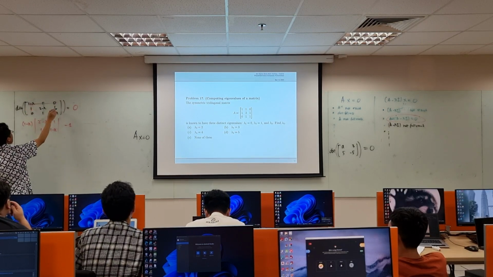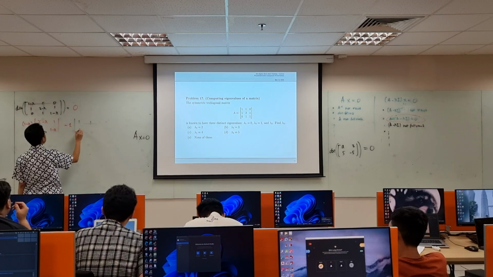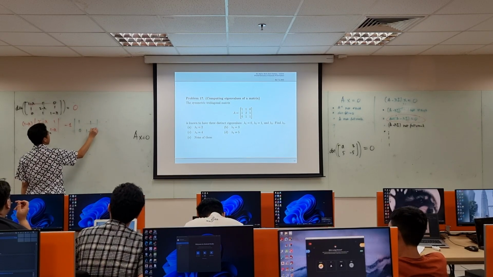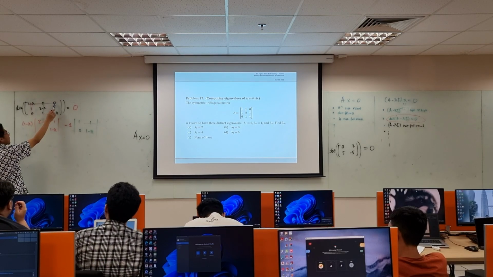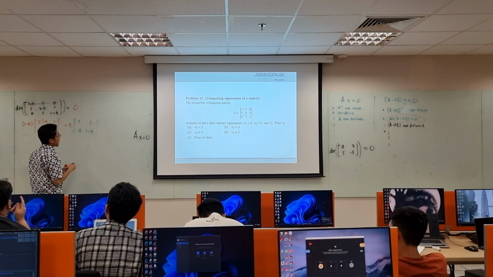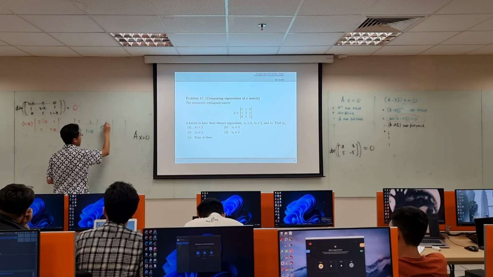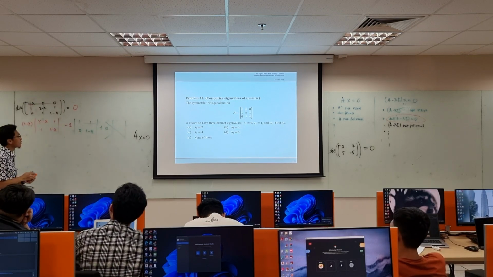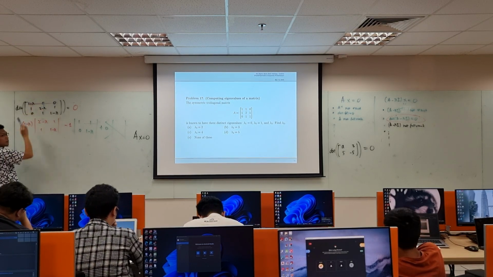So I have 1, 1, and 0, 1 minus lambda. The third entry is 0, and 0 multiplied by anything is just 0. It's gone. So I'm expanding from here to here and then there.